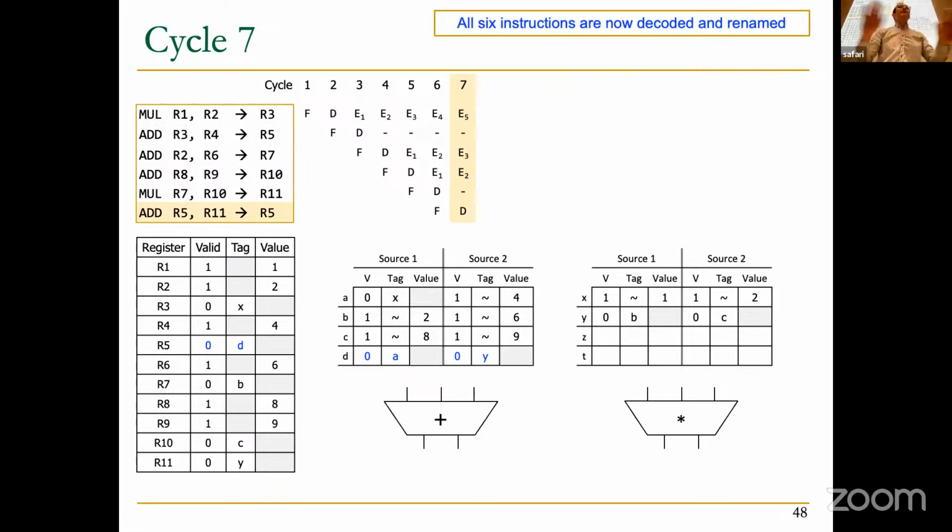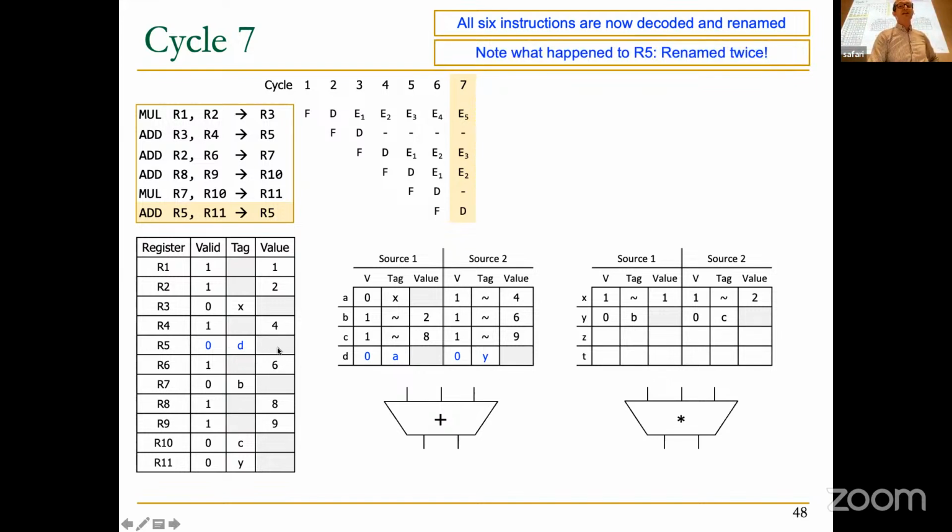Okay, so nobody will get the wrong value over here because we're always updating or renaming the registers in program order. So also at this point, all 6 instructions are decoded and renamed, as you can see. Note what happened to R5. It was renamed twice. First, it was renamed to A, which happens to be this instruction that's producing one definition of R5. And then it was renamed at the end by this instruction to D. Okay?